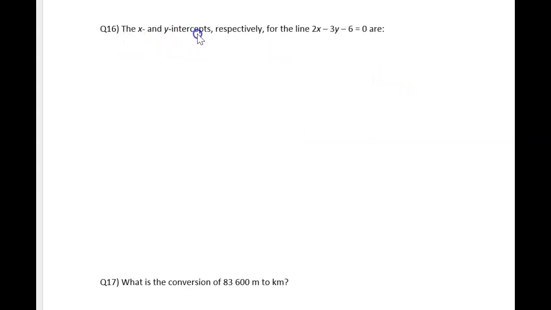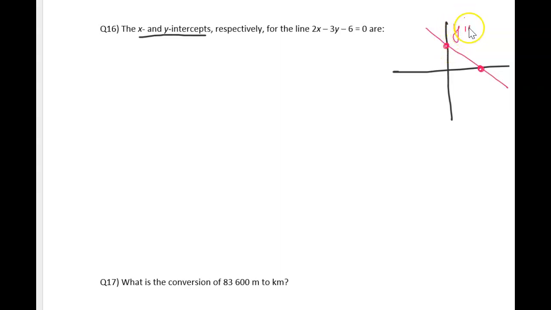Find the x and the y-intercept respectively for the line. So it's saying what is the x and the y-intercept. Please do remember, guys, I have explained that before. If say for example you have a straight line like this, that's your x-intercept, that's your y-intercept.